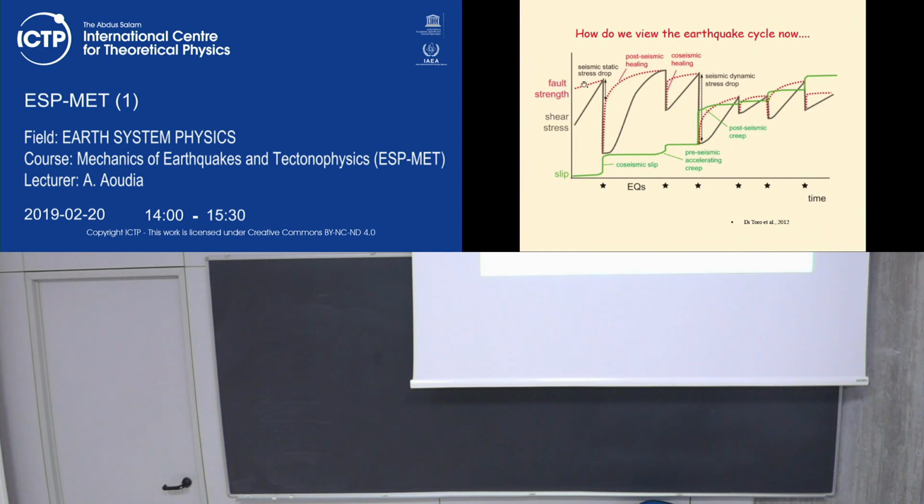So you see that the slip distribution is completely different. Here you get a mega earthquake, a very large one, larger than this, okay? So then the co-seismic slip is this value. You have a pre-seismic accelerating creep that might be exhibited.